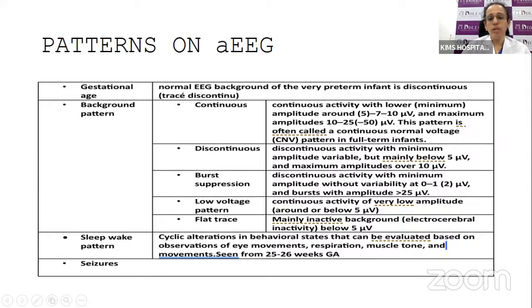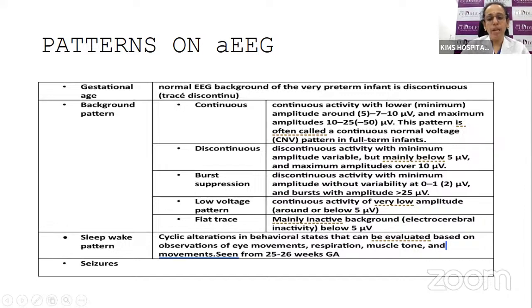When we call it burst suppression, it will be a discontinuous activity with minimum amplitude without much variability, and bursts with amplitude more than 25 microvolts will be there. There will be a lot of bursts and suppression, with minimal interburst intervals. Continuous low voltage pattern is when the amplitude is very low, there are not many bursts, and the amplitude is always below 5 microvolts.